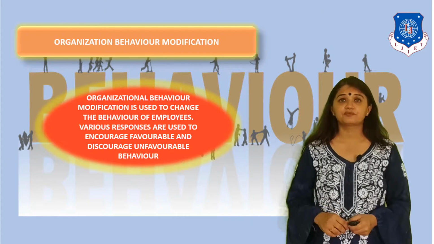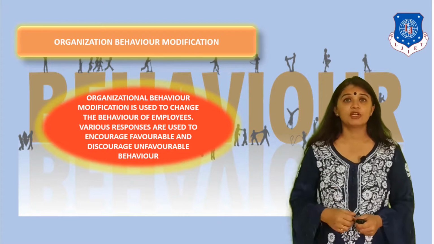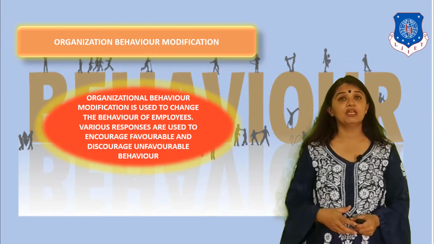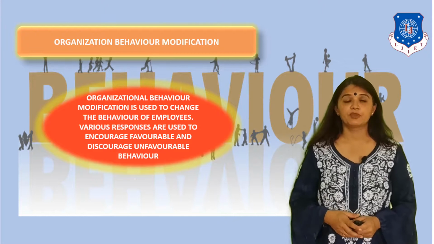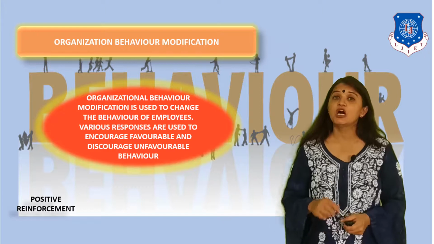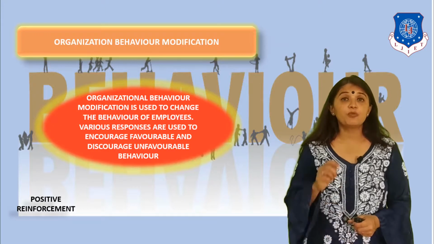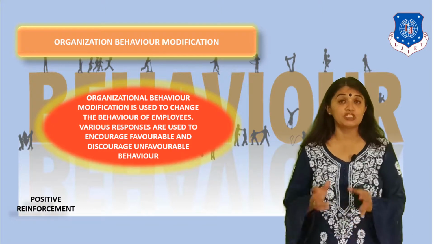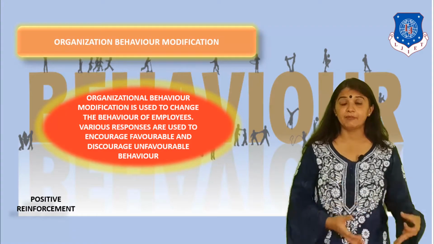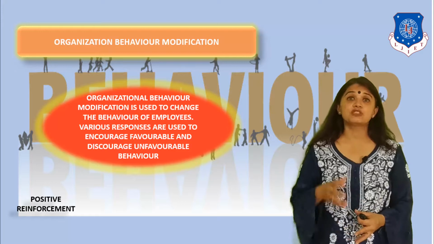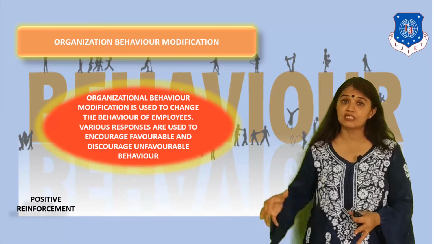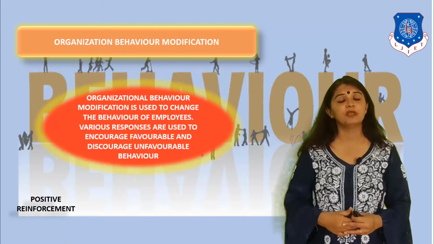So let us see what the different components of behavior modification are, or how we can understand behavior modification in a better way. So first of all, behavior modification can be done through positive reinforcement. Positive reinforcement is the process which is used to teach a new behavior to a person, particularly an employee, or to teach them some new concept by rewarding them at successive steps toward the desired behavior.